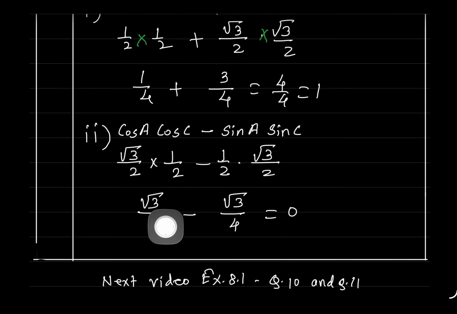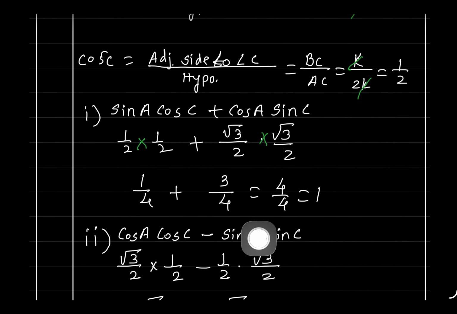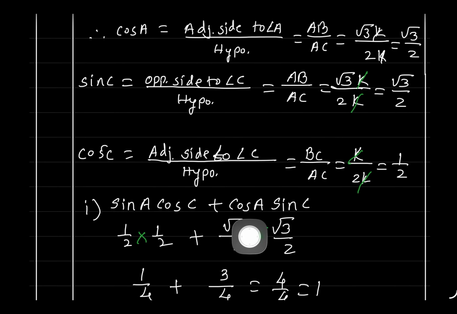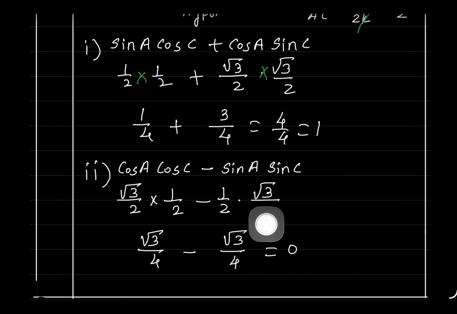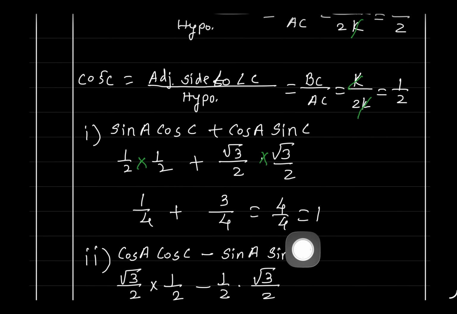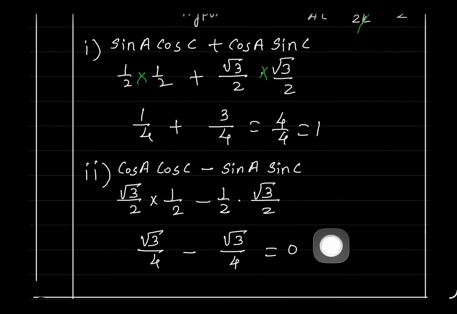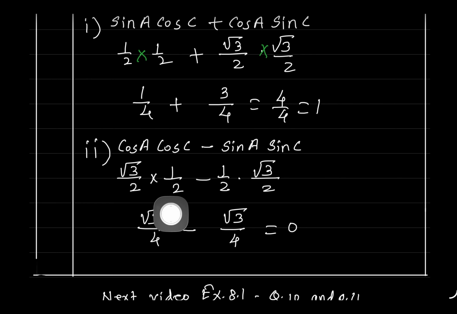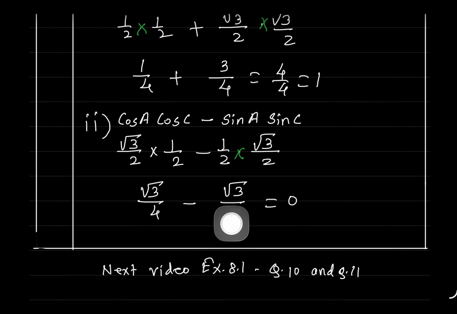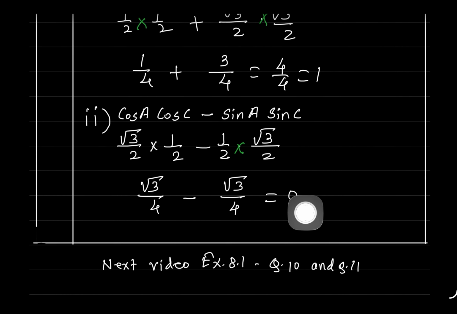Cos A is root 3 upon 2, cos C is 1 upon 2, minus sin A, which is 1 upon 2, into sin C, which is root 3 upon 2. So root 3 into 1 is root 3, 2 into 2 is 4, minus 1 into root 3 is root 3, and 2 into 2 is 4. Here the dot is multiplication. Then root 3 upon 4 minus root 3 upon 4, both fractions are the same and the signs are opposite, so subtraction takes place and the answer is 0.